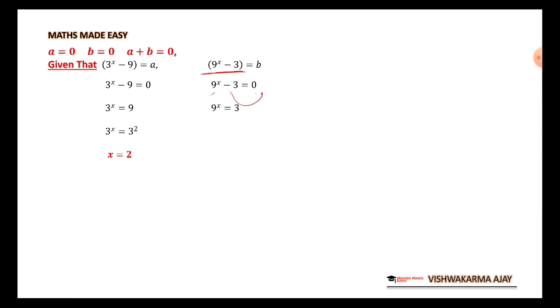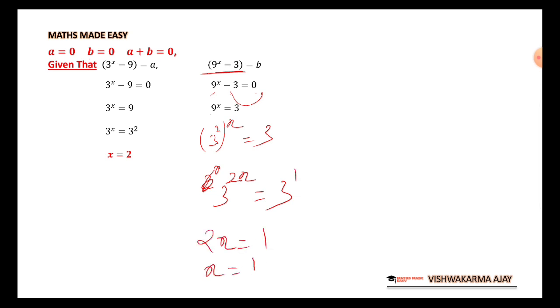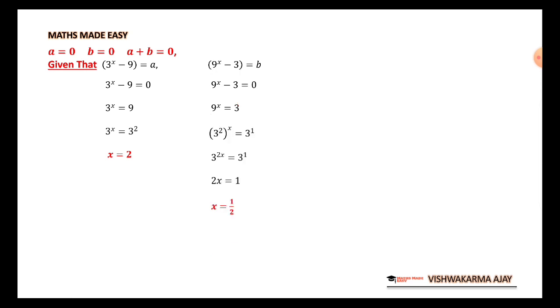Minus 3 shifted to the other side becomes plus 3. 9 can be written as 3 raised to 2, so (3^2)^x is equal to 3. So 3^(2x) is equal to 3^1, meaning that 2x is equal to 1, that is x is equal to 1 upon 2. Here are the steps.